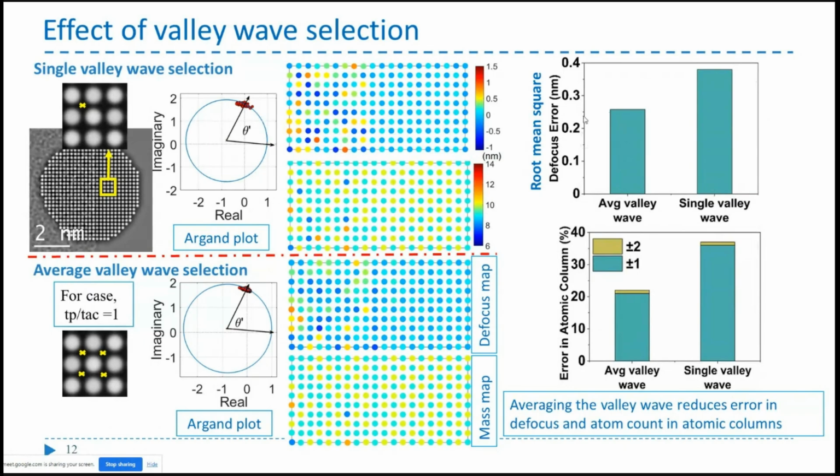It's only 0.25. It is around 0.4. And you see here also, if you take the atomic column calculation, the average exit wave error is less than the single exit wave. So averaging the exit wave reduces error in the defocus and atom count in this calculation.